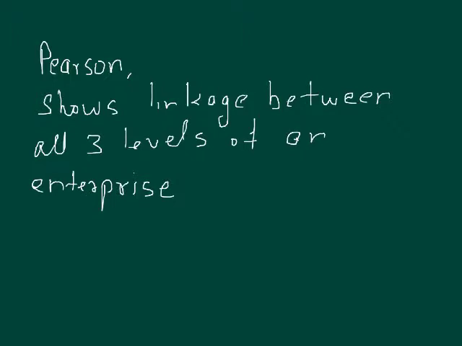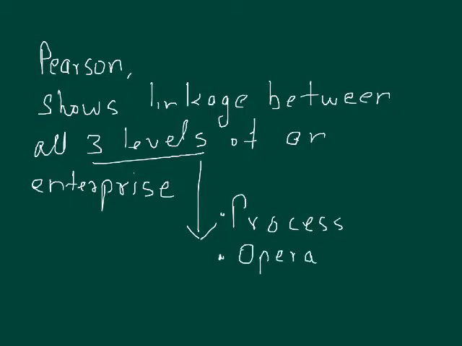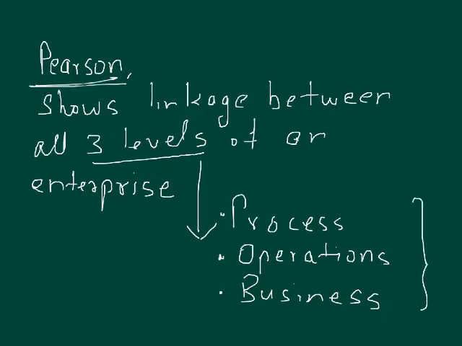Those three levels are the processes of the enterprise, then the operations, and then the business side of it. So Pearson, to summarize, shows the linkage between these three levels for an enterprise.